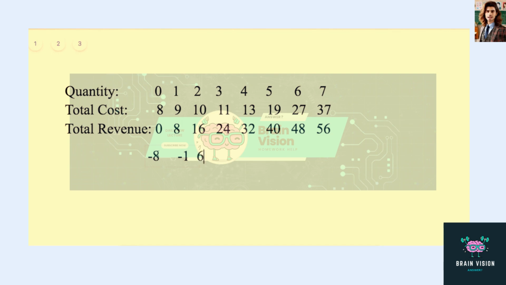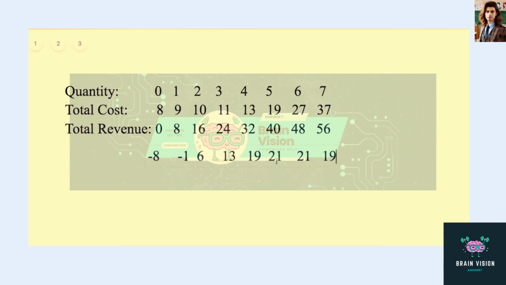We should have a profit of 6. Total revenue on the third unit is 24 minus 11, so in that case, we will be making $13 of profit. Bump over to the next unit, and we will be making 19. On to 5, 21. 6 units, 21. And at 7 units, 19.